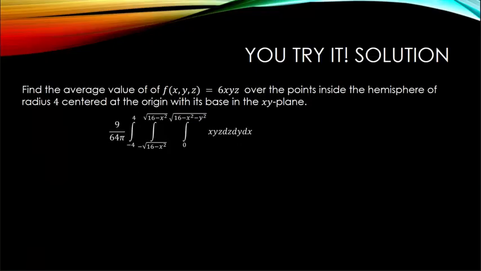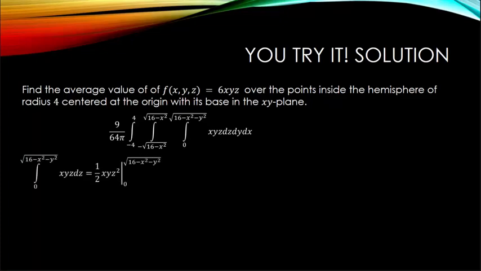I use this to set up my iterated integral. I get 9 over 64 pi times the integral from -4 to 4 of the integral from negative square root of 16 minus x squared to the square root of 16 minus x squared of the integral from 0 to the square root of 16 minus x squared minus y squared of xyz dz dy dx.